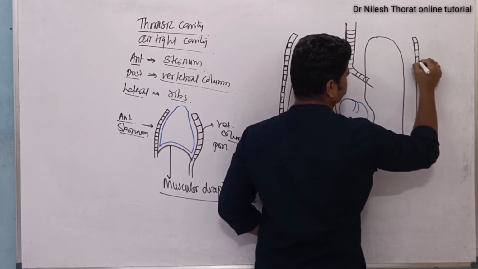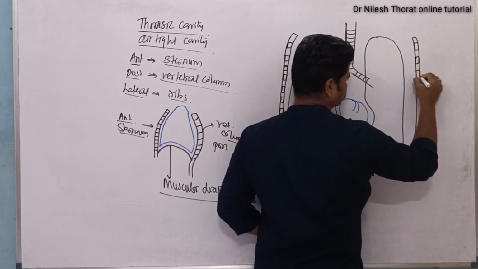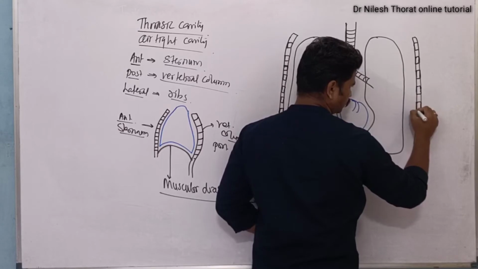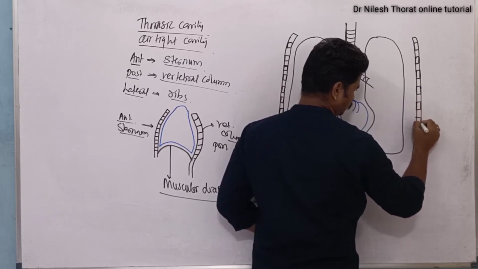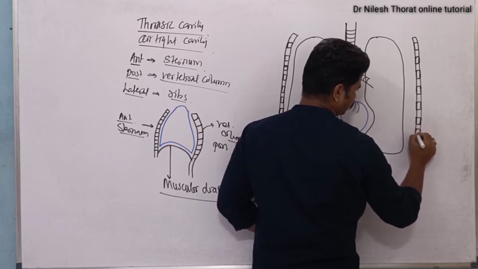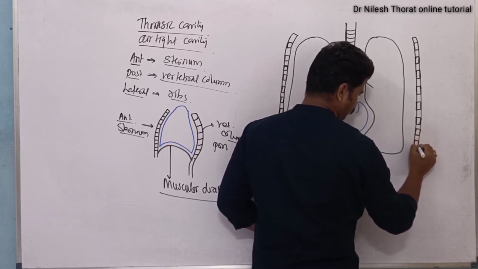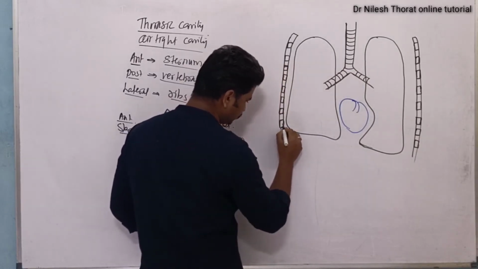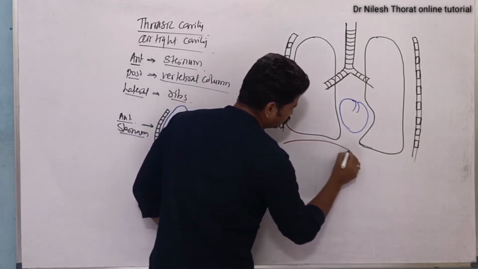Here also we have these cut ends of ribs. And on the inferior side we have this dome shaped diaphragm.